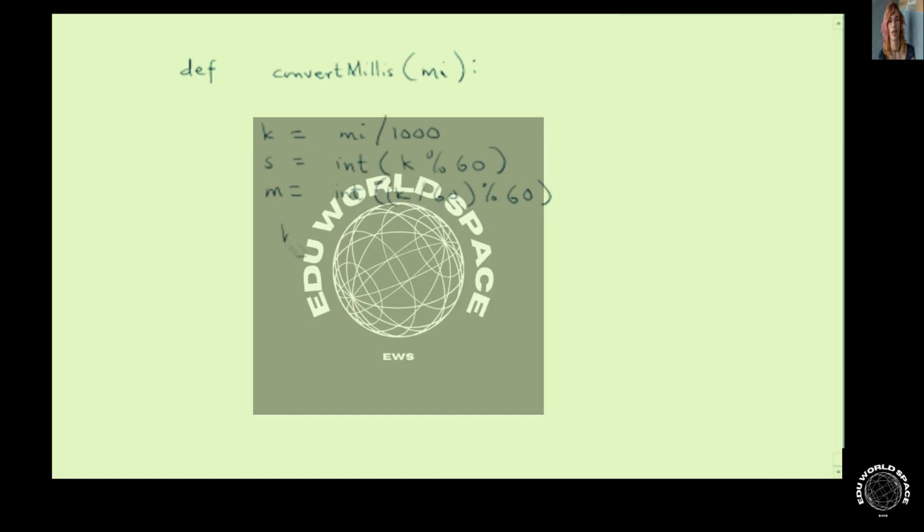The last part is the hours. So we go to the integer part of the seconds divided by 60 times 60, so that it converts it from seconds to minutes, then to hours.